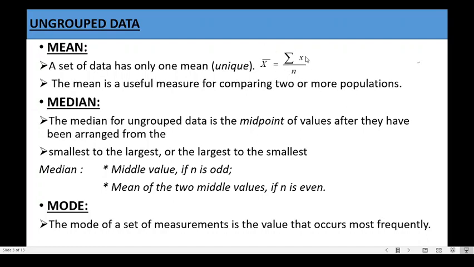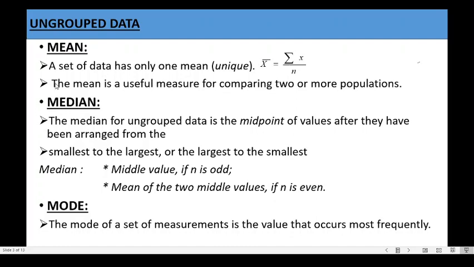Sum of x means you add all the data, and divide by the number of the data. For example, if you have 6 numbers, 6 will be n, and when you add them, the total will be your sum of x.